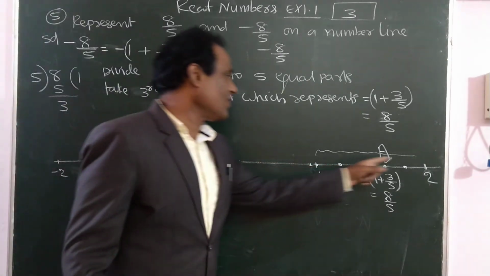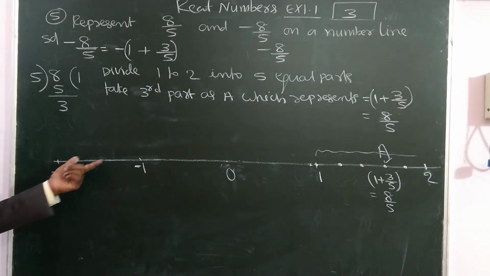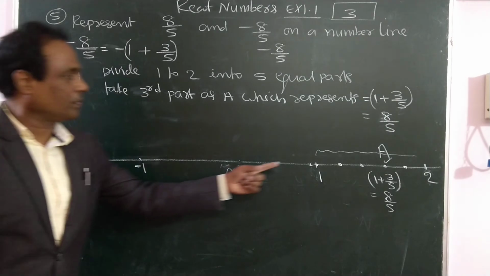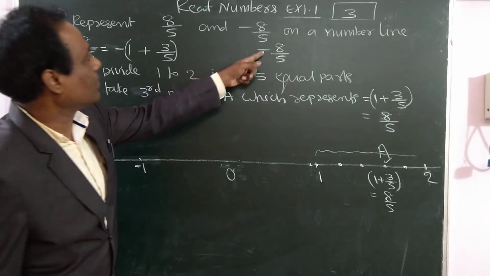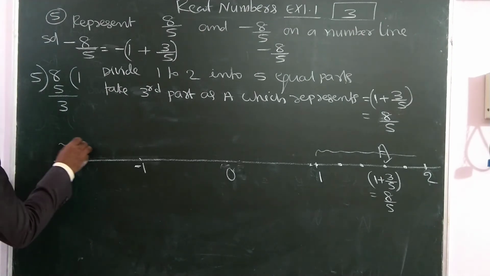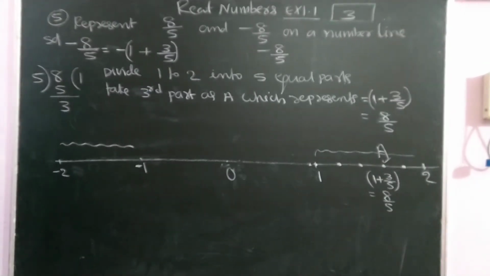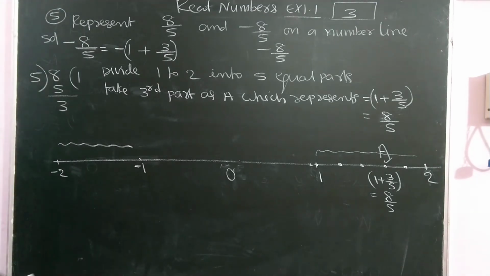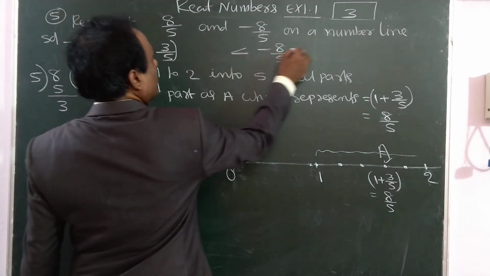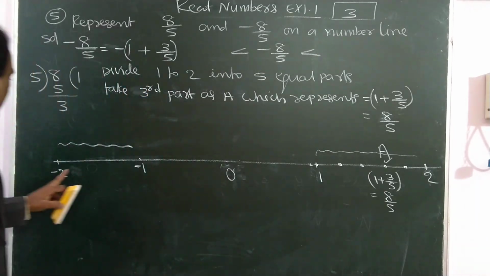If it is between 1 and 2, it will be between minus 1 and minus 2, because it is a negative number. So 8 by 5 lies between minus 1 and minus 2.